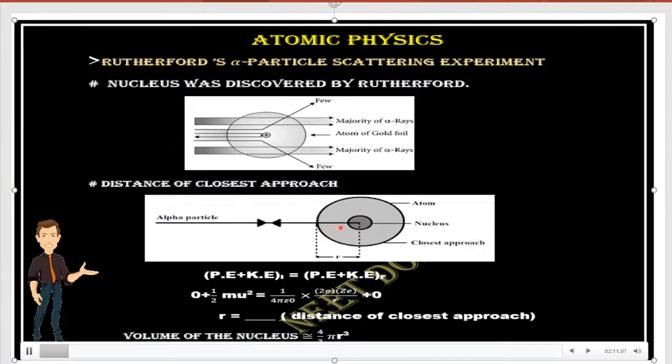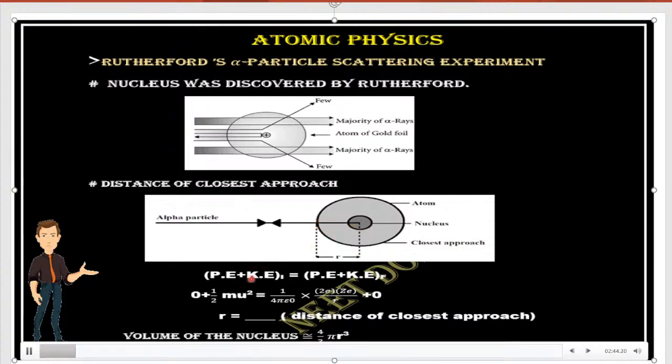It reached a certain distance that is close to the nucleus. It did not go near. Finding this distance is called the distance of closest approach. This is an atom, this is the atom's nucleus, and this is the closest approach.